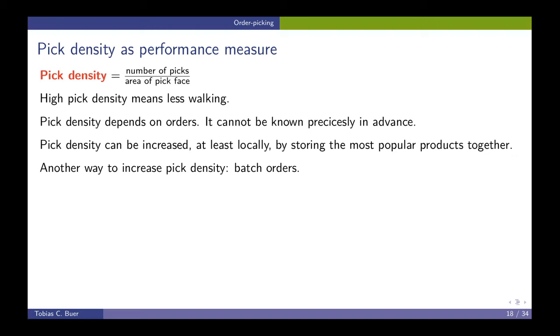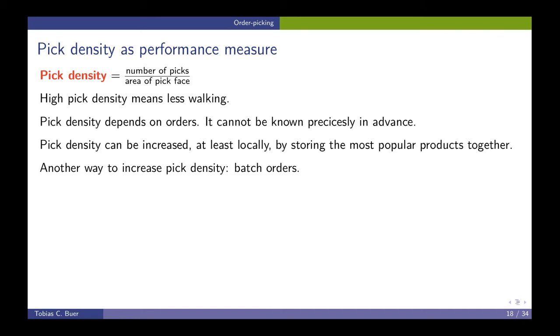If we look at the actual picking, that is to get the items of an order, the actual picking always depends on the orders that we receive from our customers. So we do not know this in advance. We can make some forecasts about this, but we do not know these orders in advance.